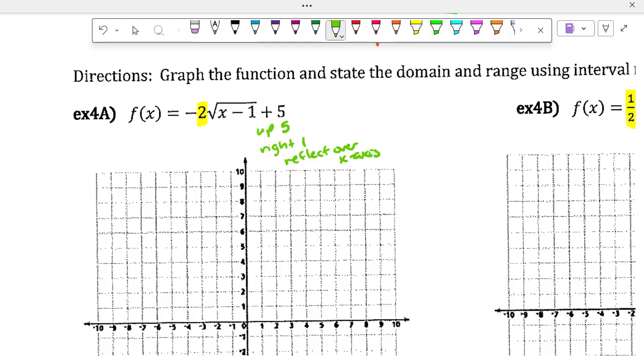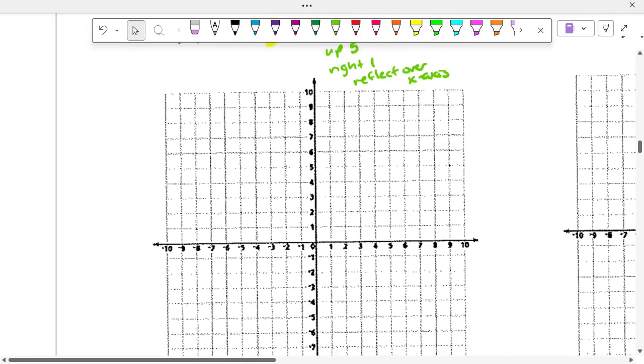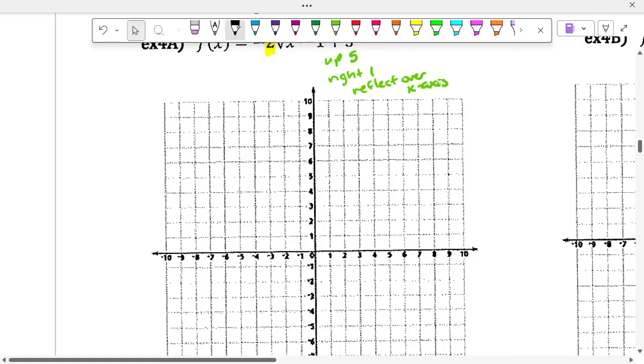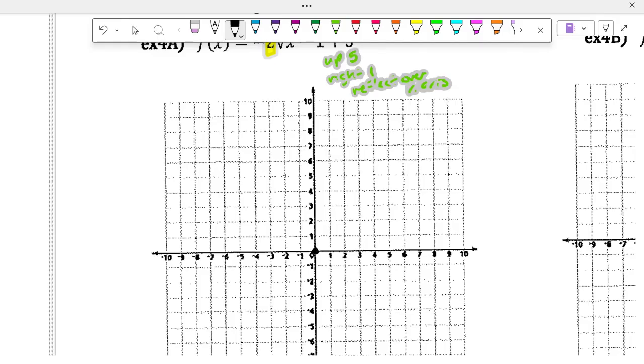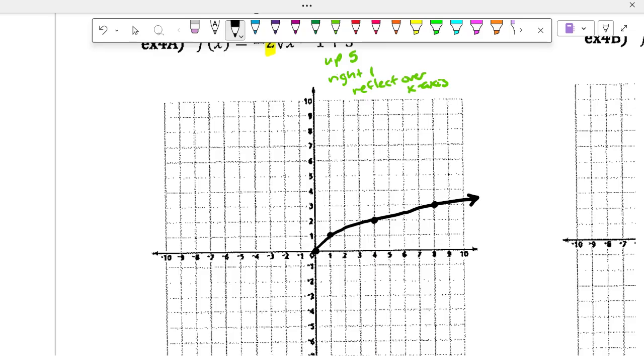All right. So I'm going to start by graphing our parent function. I'm going to do that in black. All right. So it's a square root function. So that means 0, 0, 1, 1, 4, 2, 9, 3. Just so I have something to reference.